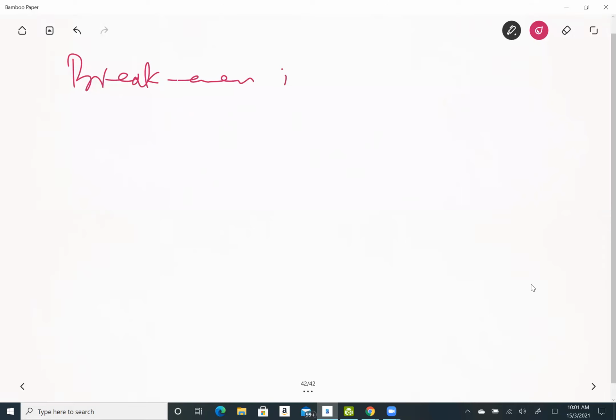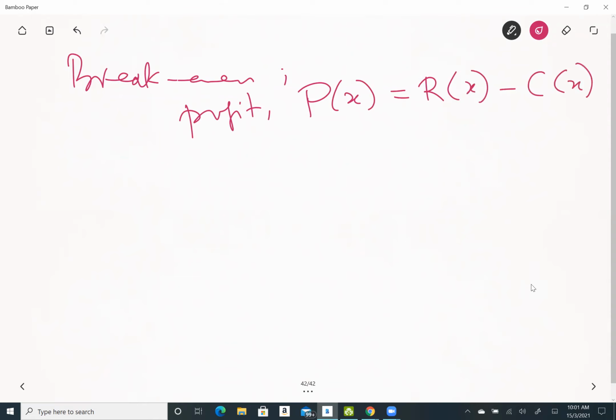Now, what is profit? So first we need to know the profit, and we denote it by capital P. It's a function of X, and it's equal to revenue, which is a function of X, minus the cost, a function of X. When you say break-even, you say profit is equal to 0. So let me just denote R as revenue, and C denotes the cost.